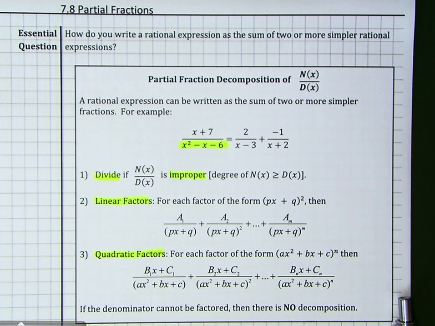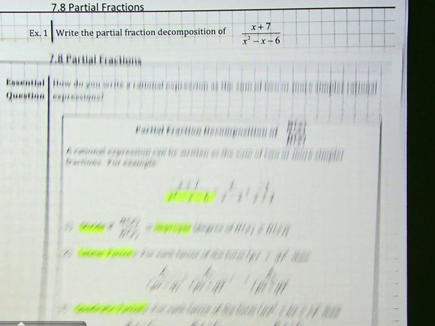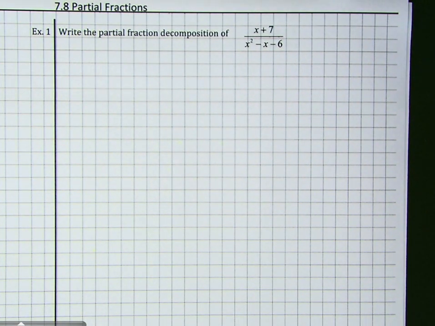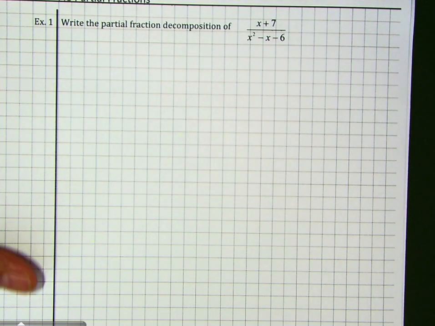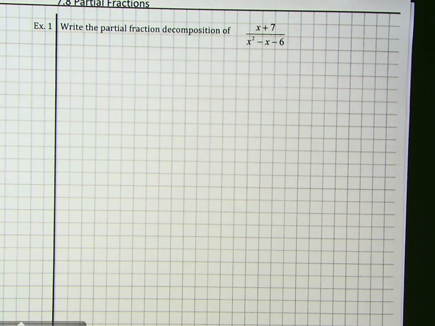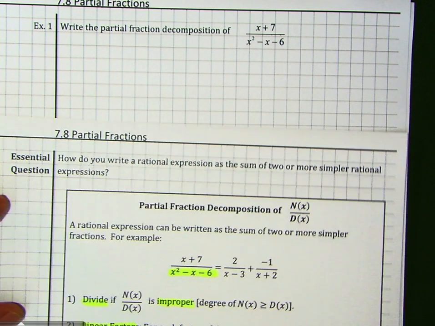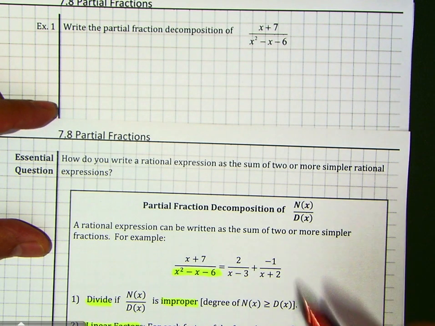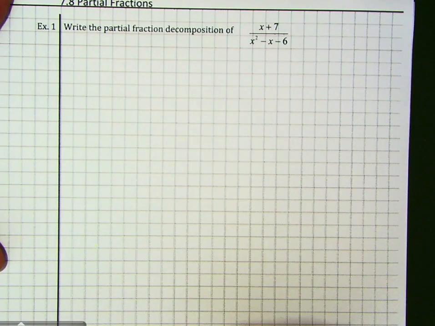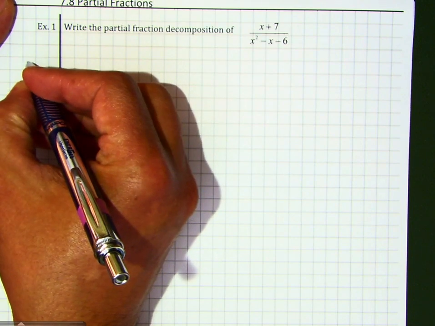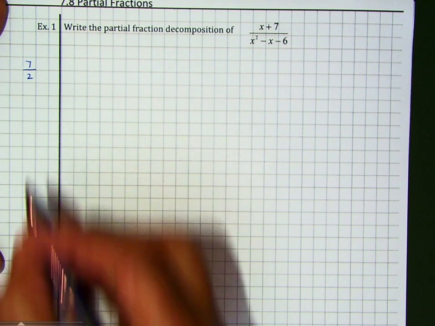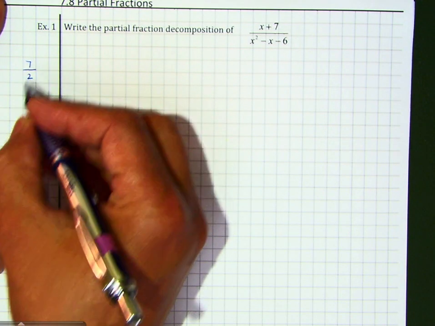But let's go through example number 1. Go and copy it down, and we'll start once you're ready. Go and pause it. So first thing that we need to check is: is it proper or improper? Remember, an improper fraction is whenever we have 7 divided by 2. 2 goes into 7 3 times.